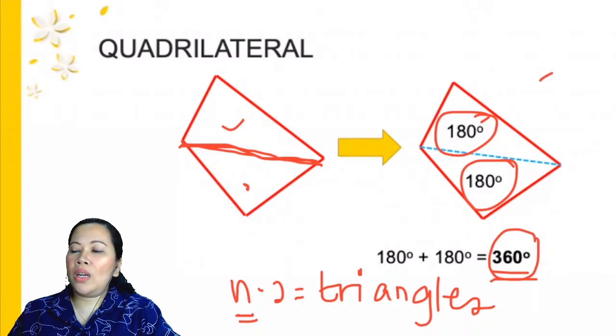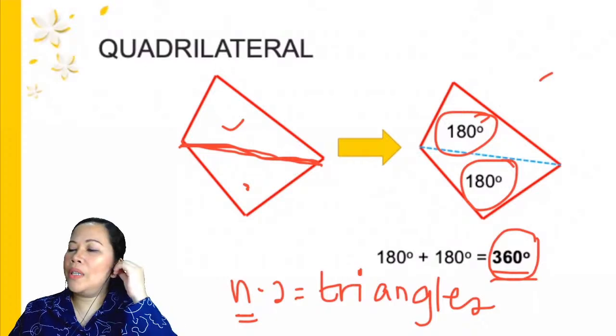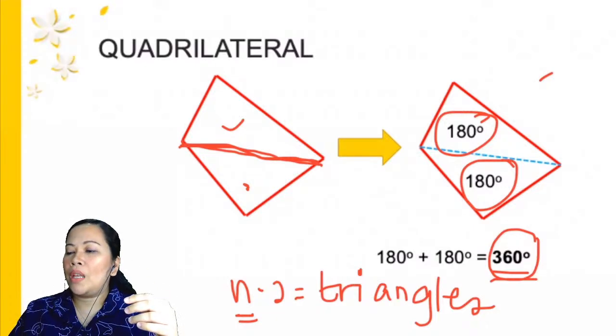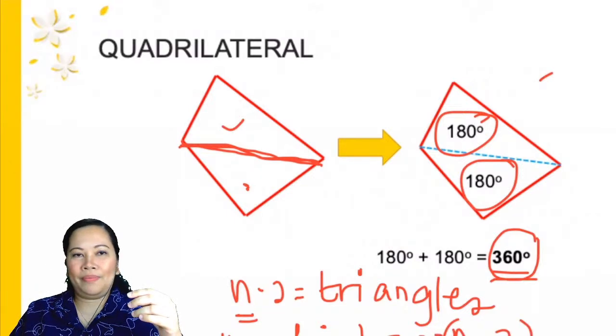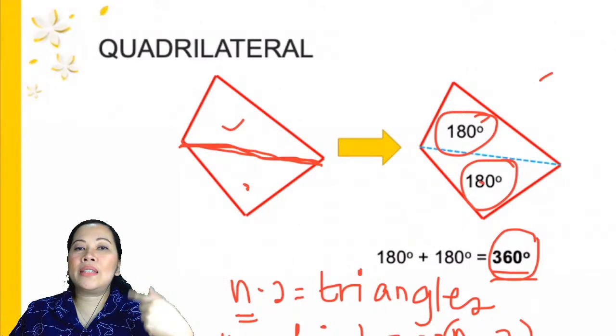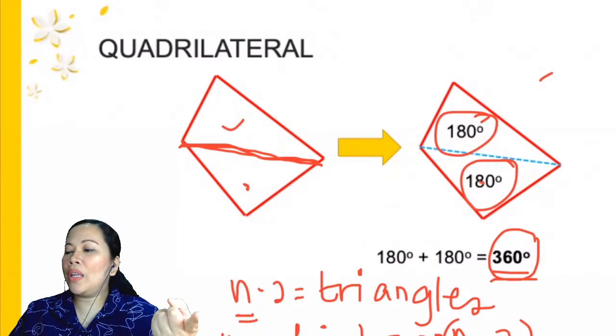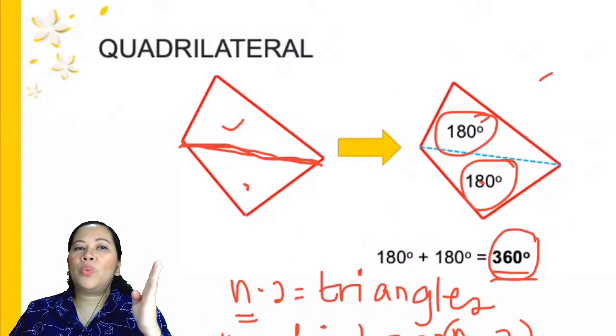That is the reason why, to put this in a formula, the sum of interior angles is n minus 2 times 180, because this is the number of triangles and each triangle is 180. That's why they multiply it with 180. So n minus 2 times 180 is the sum of interior angles.